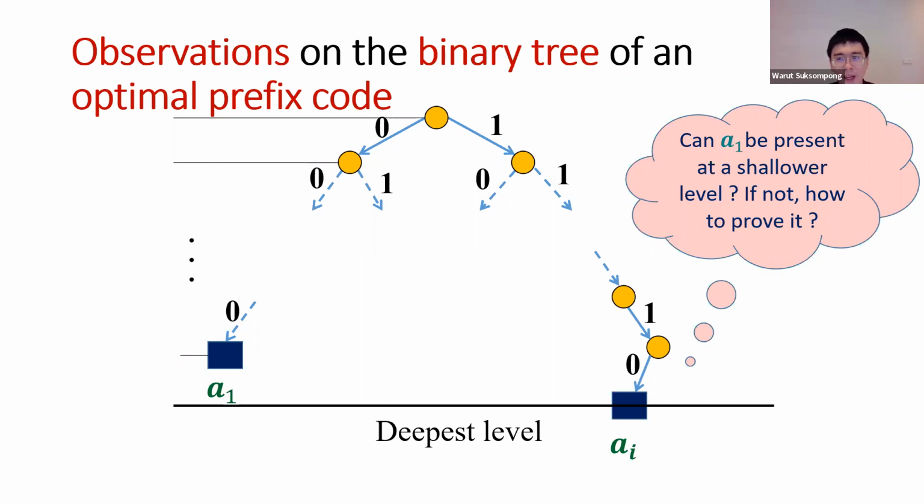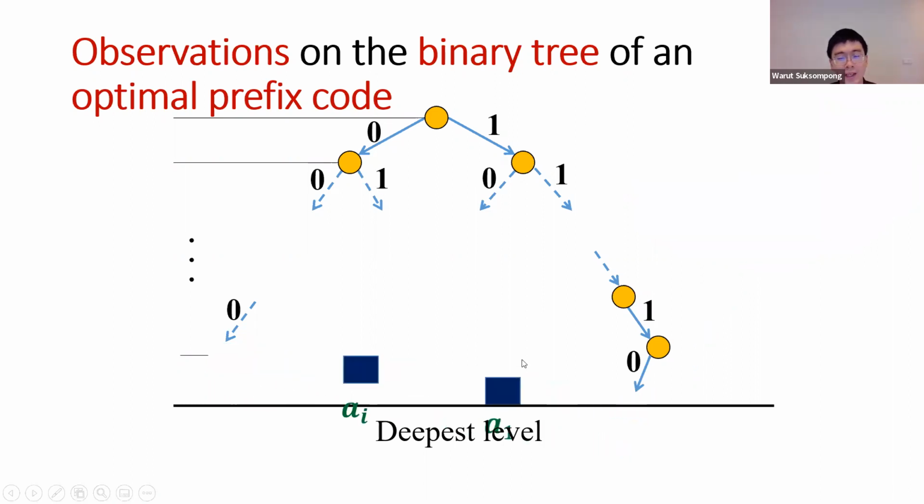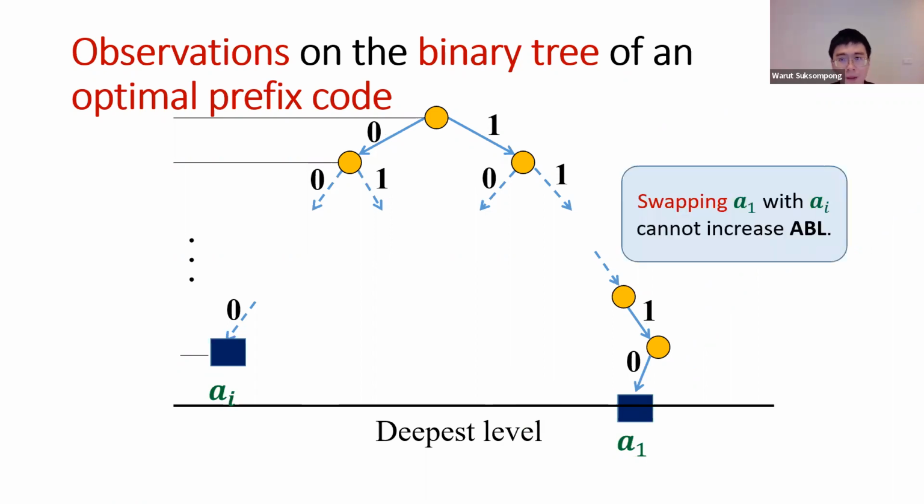Suppose A1 is at a shallower level than Ai. Then what we can do is swap them, and you'll see that it doesn't hurt, because A1 is less frequent than or equal to Ai in frequency. So swapping A1 with Ai cannot increase the average bit length.